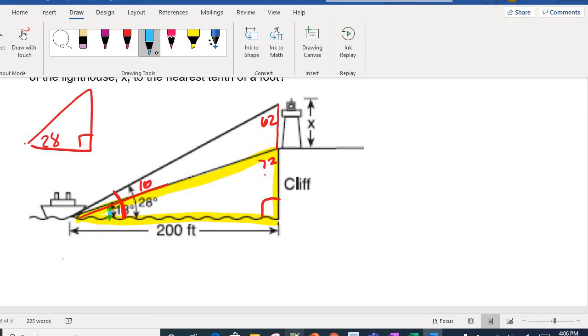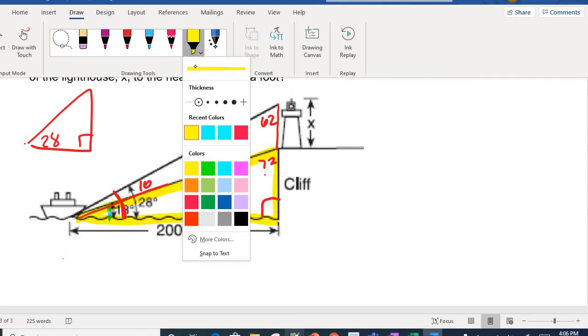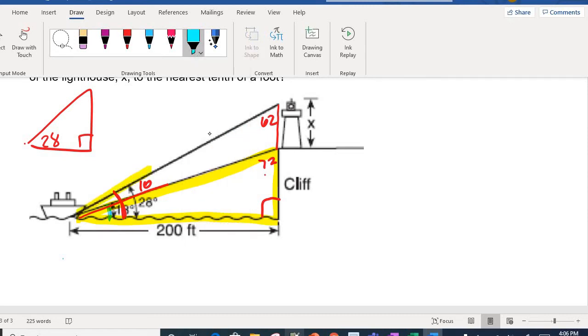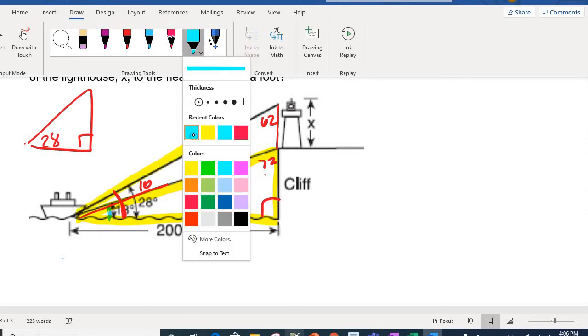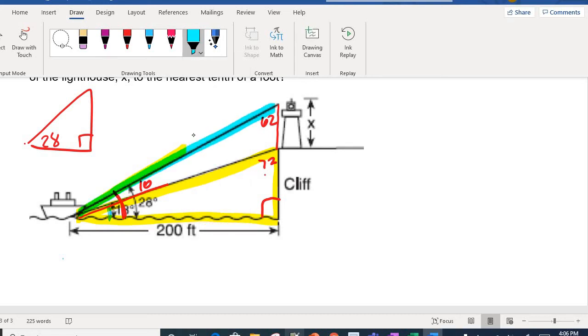And then in the big blue triangle, you have a 90, you have a 62, and then you have a 28. All right? So that's a little bit of a tricky setup.